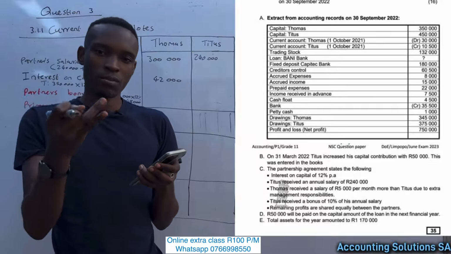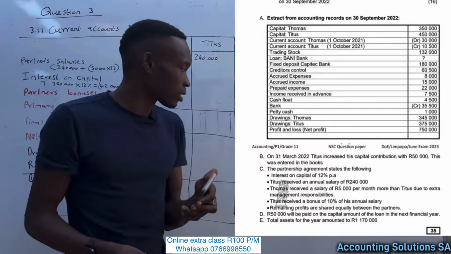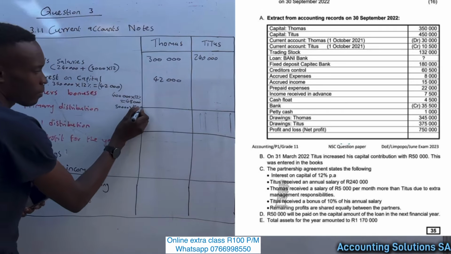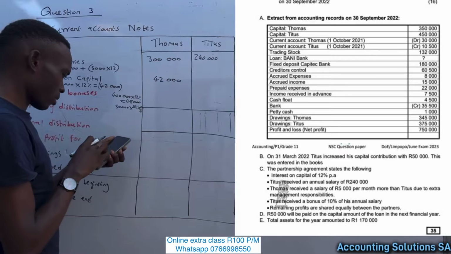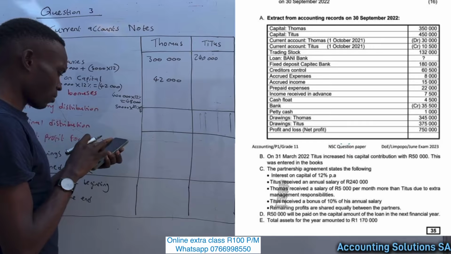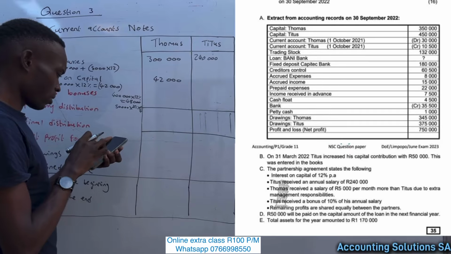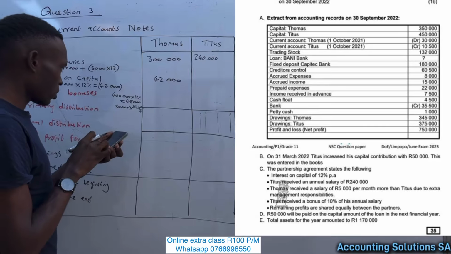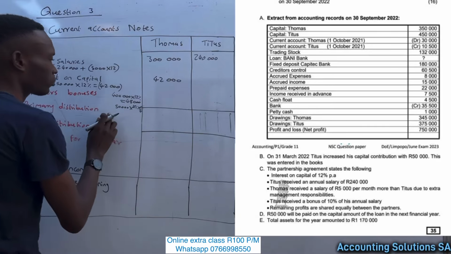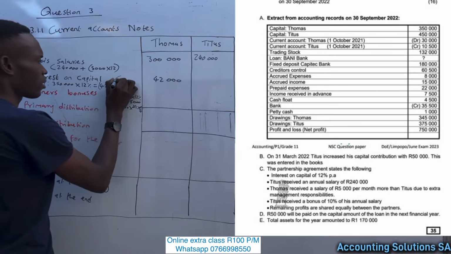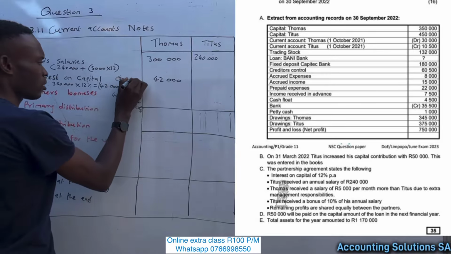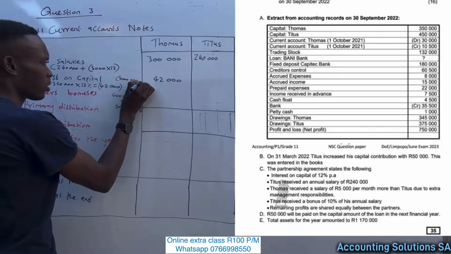It's going to be April, May, June, July, August, September: 6 months. Multiply by 6 over 12, and it's going to give you 3,000. In other words, the answer will be 3,000 plus 48,000.